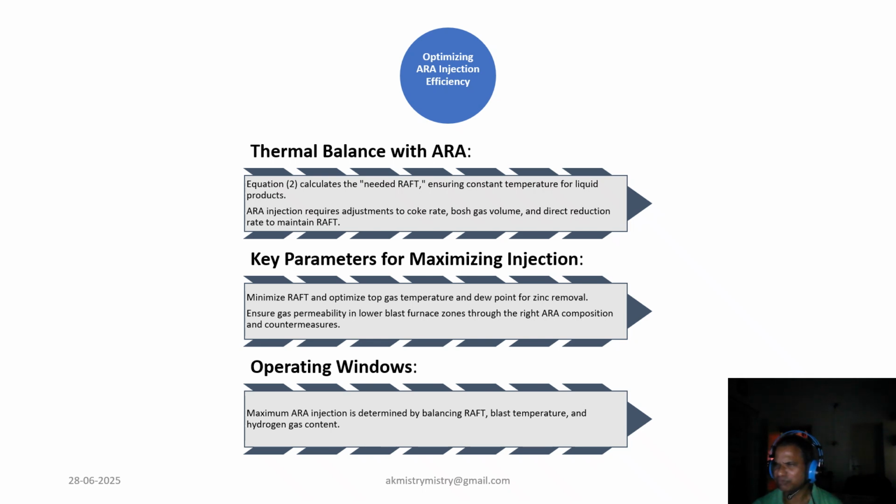But we must be careful in oxygen regulation, because oxygen remains a very costly affair, and we have to evaluate the cost-benefit analysis very smartly. Also, too much oxygen can overheat the tuyere zone and create an aggressive situation where adverse effects may be expected.